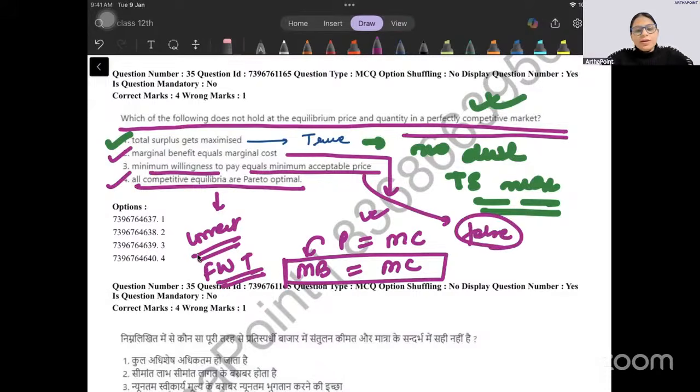Right? At equilibrium, buyer's willingness to pay is equal to price. But वो minimum नहीं होती है. Right? We are not talking about minimum willingness to pay equal to price. That is not happening. Right? So option C is incorrect. So C will be your marked answer.